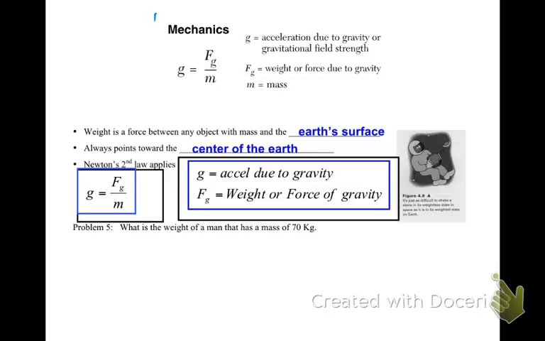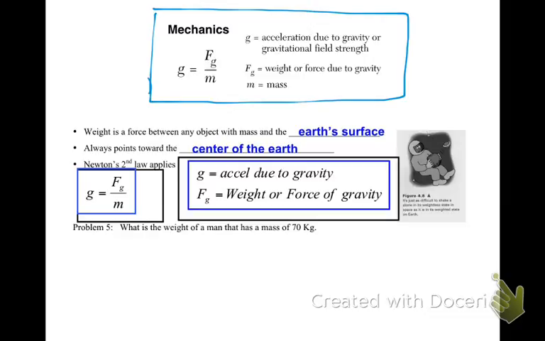I wanted to show you here again where you can find your equation for our weight force. Our weight force is depicted by Fg, and the way that I typically like to write it is Fg equals mg.